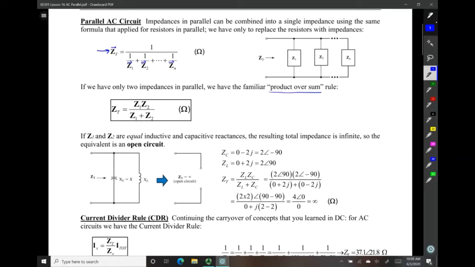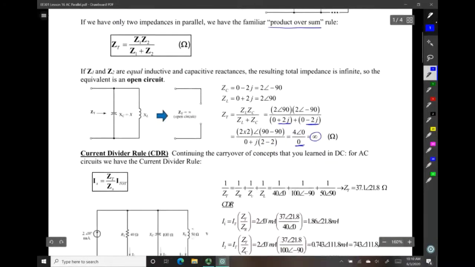And we can see that right here, where we have this inductor with the positive imaginary impedance and the capacitor with the negative imaginary impedance canceling out, giving us 0 in the denominator, which again blows up the value to infinity. So we have an open circuit.